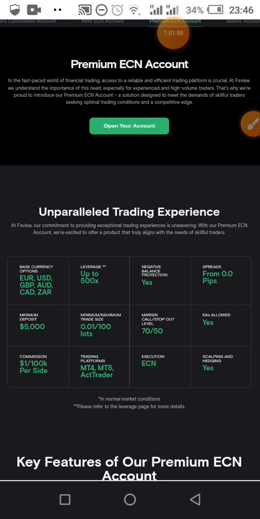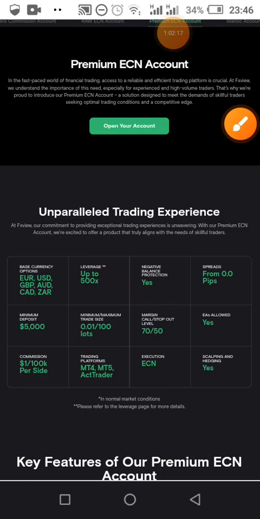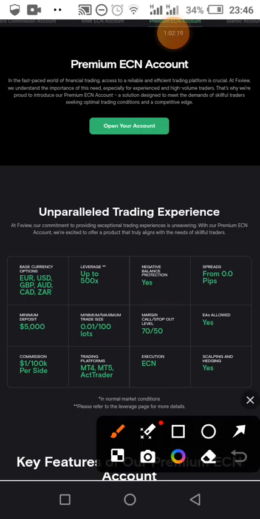Then stop out level, if it reaches 50% of your total equity account in a loss, they will then close trades on your account. Then for minimum deposits for the premium accounts on FXView, it's $5,000 with a commission of $1 per 100,000.